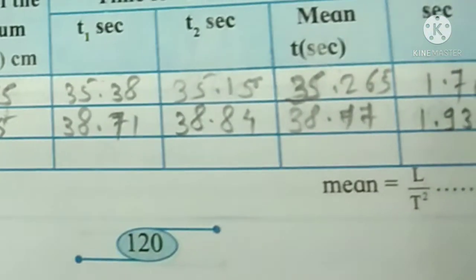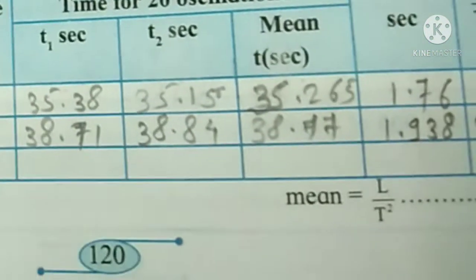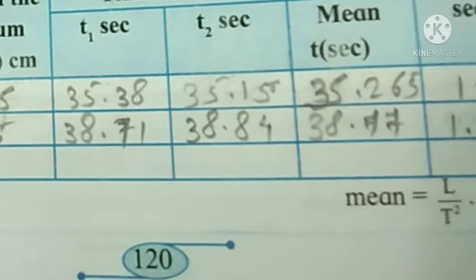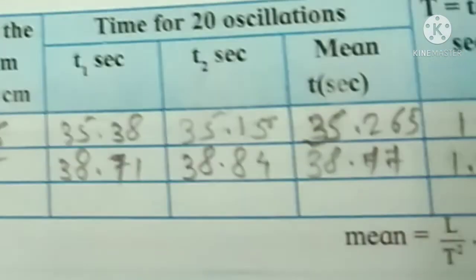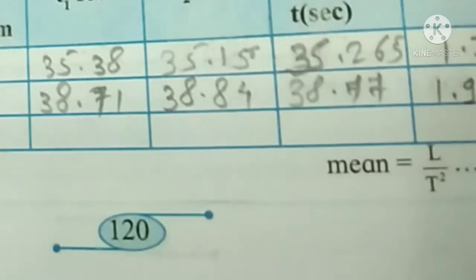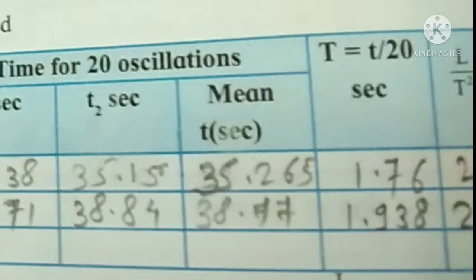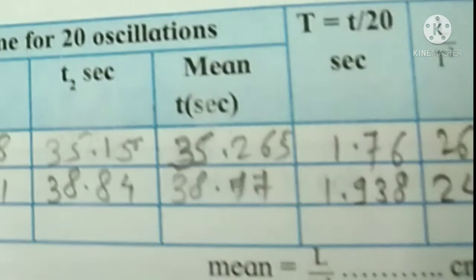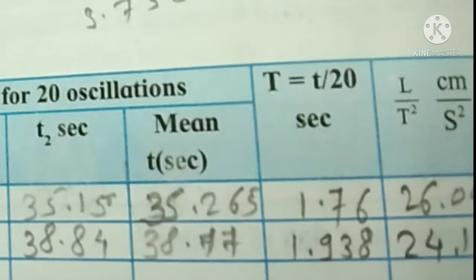38.77. Right? So this will be the time for the 20 oscillations when the length of the string is 90 centimeter. Then the time period for this oscillation is 1.938 seconds. Right?